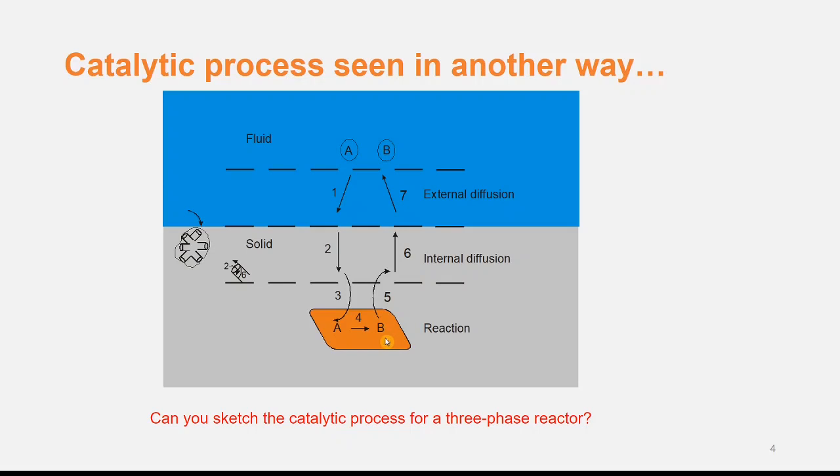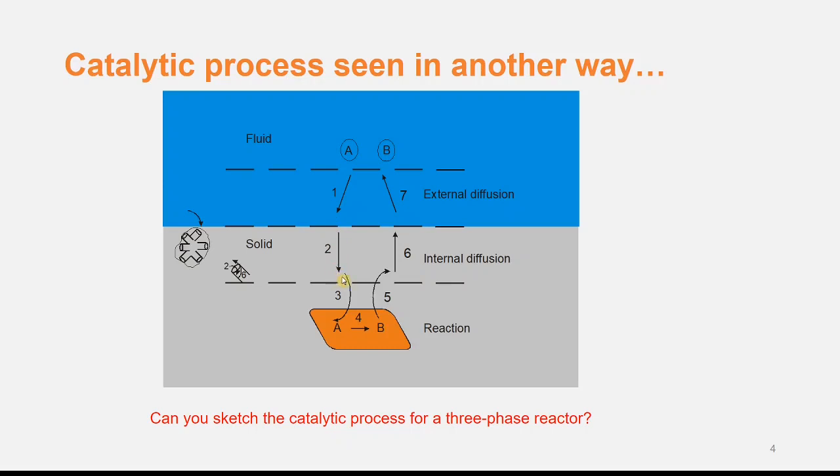Let's look at the 7 steps. Step 1, reactant A in the bulk fluid has to migrate to the surface of the catalyst pellet through the film. Step 2, A then diffuses through the pores in the catalyst.